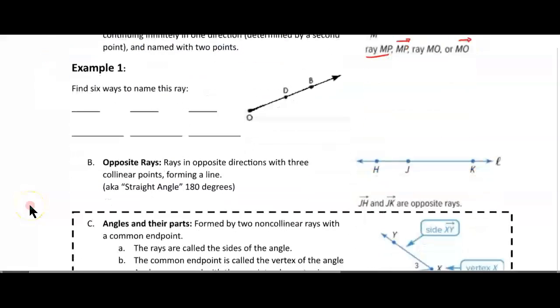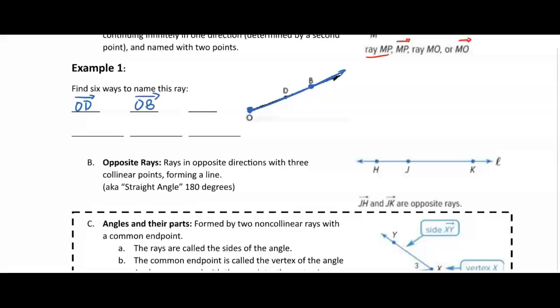So we're going to review real quick. How could we name this ray? In our short version with the little arrow over it, we could have ray O, and going through D, I could name that ray OD. I could name that by ray OB. There's actually just 4 ways to name this.